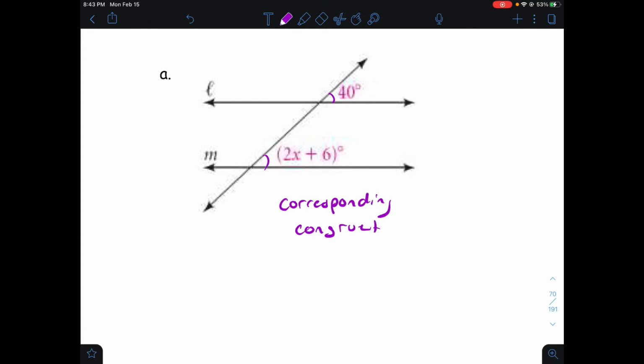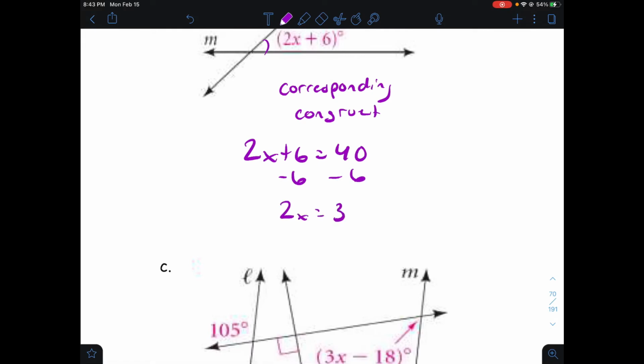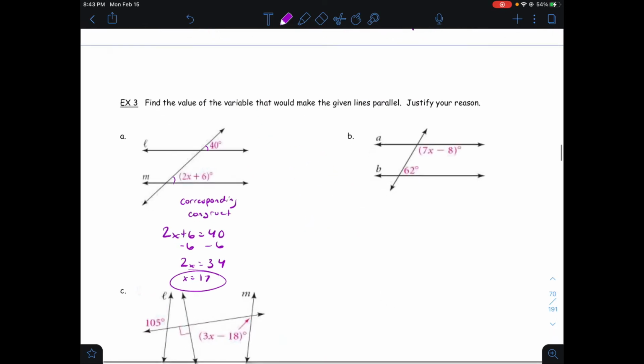So if we want M and L to be parallel, we're going to have to set these equal to each other. So we'll say 2x plus 6 equals 40. Minus 6, we get 2x equals 34. And we would get x equals 17. Right? 34 divided by 2. Yes. Very nice. And I guess our justification was right. If corresponding angles need to be congruent if they're parallel, that was our justification.